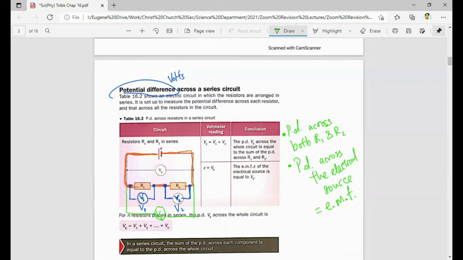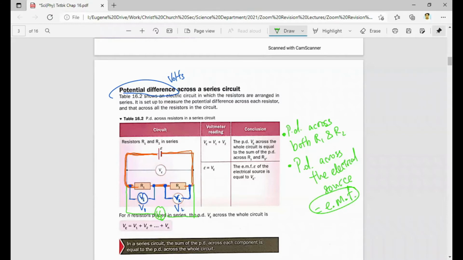If you're not sure what electromotive force is, you can go back to the previous lecture that we've done on current electricity. So VE actually has two parts to it. One is to measure potential difference across R1 and R2. The other thing VE can represent is to measure the potential difference across the electrical source, which is also the same as measuring the EMF.